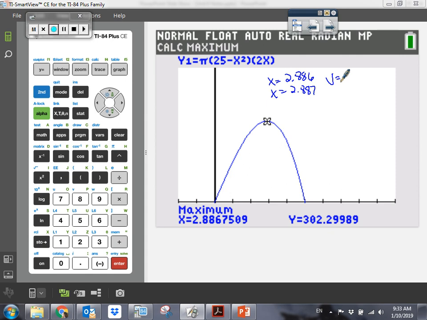The volume is 302.299 if you want to truncate, or 302.3 if you want to round. I know that bottom one would trouble some of us because we're like, wait a minute, that's not to the thousandths, but it actually is.